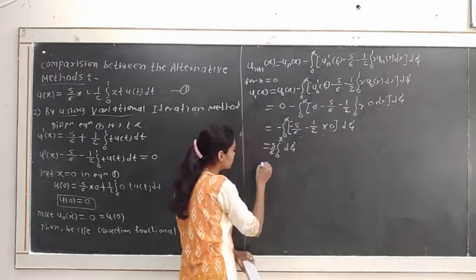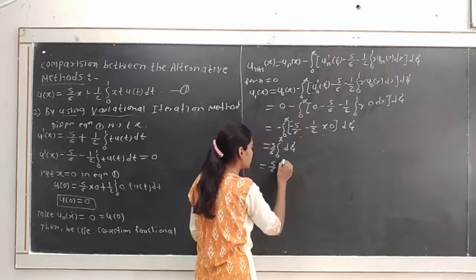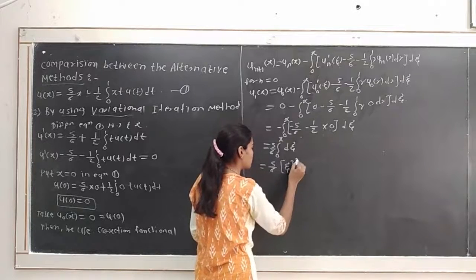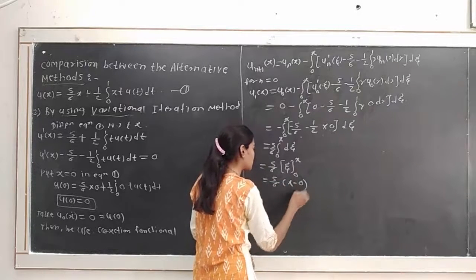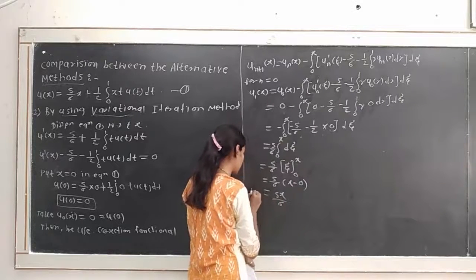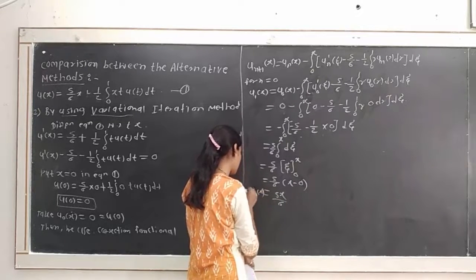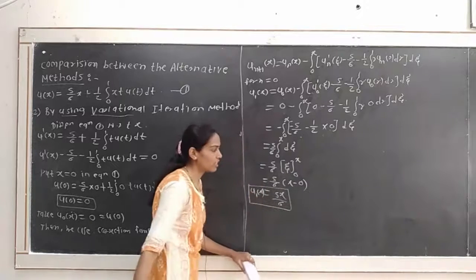So we get 5 divided by 6 integration of d xi will be xi, with limits from 0 to x. By putting limits we get x minus 0, that is 5x divided by 6. So u1 of x is again 5 divided by 6 into x.